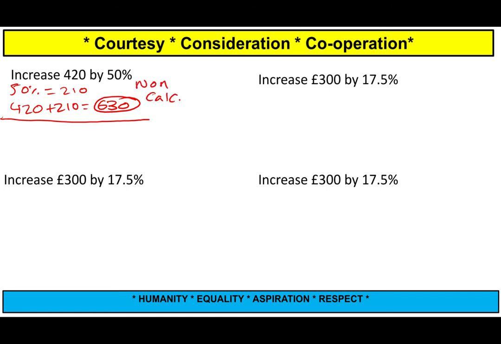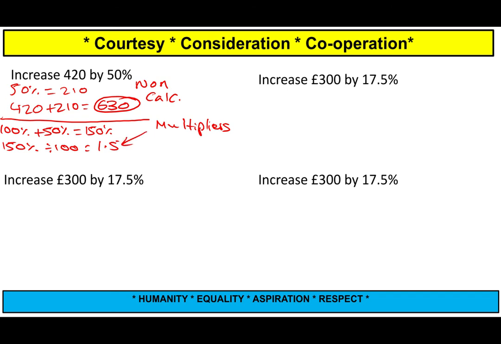Okay, so now we're going to do it using multipliers. So the first thing I do, 100% find my multiplier plus 50%. That gives me 150%. Convert that to a decimal, gives me 1.5. Now this is my multiplier.